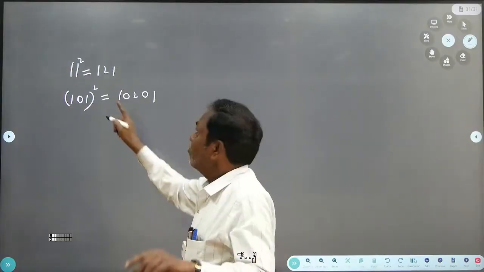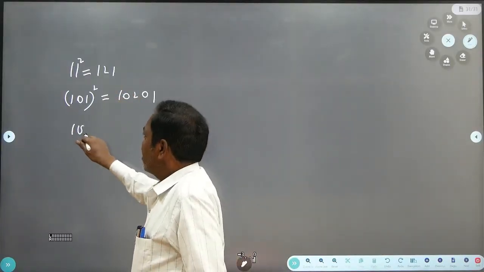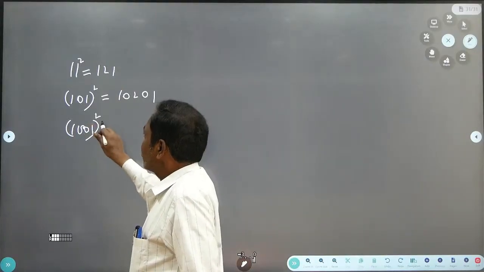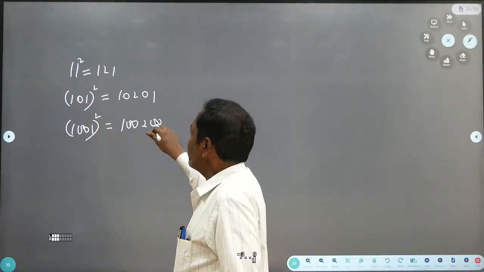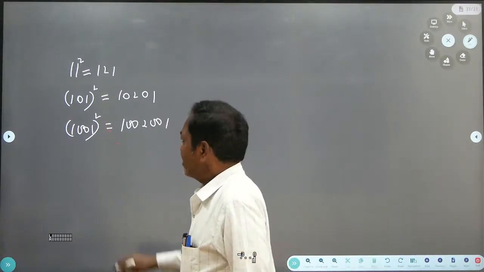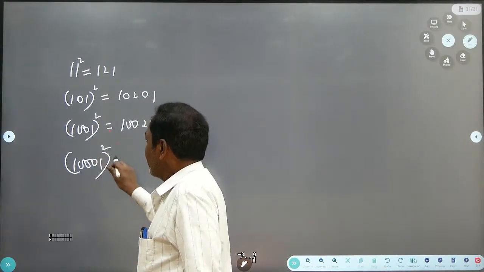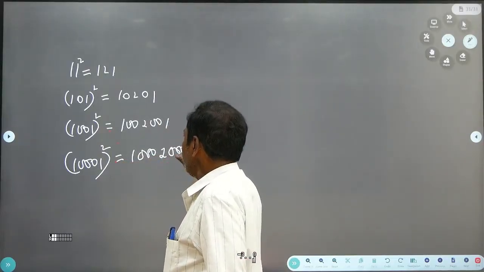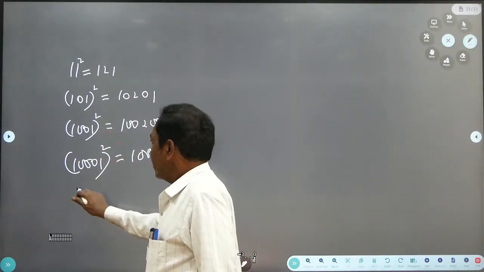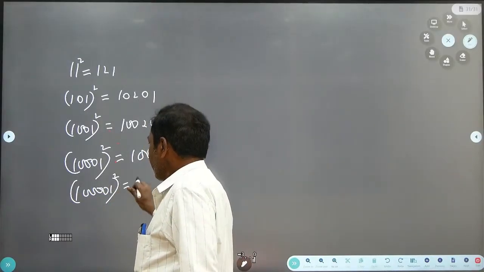See that, 121. 1001 whole square: 1, 2 zeros, 2, 2 zeros, 1. It's like that. 1, 3 zeros, 2, 3 zeros, 1.